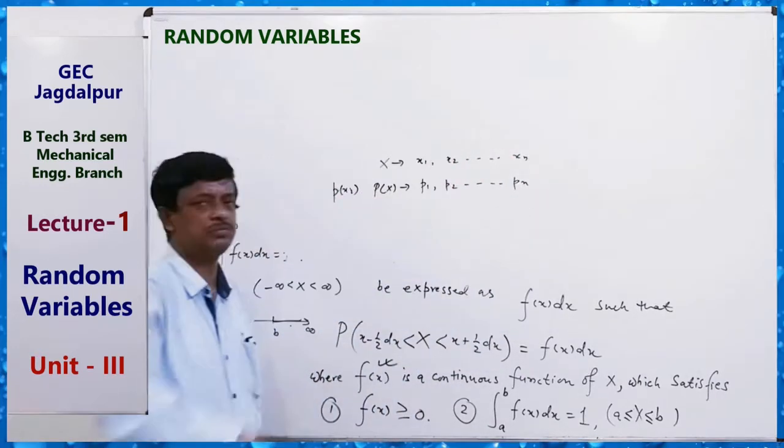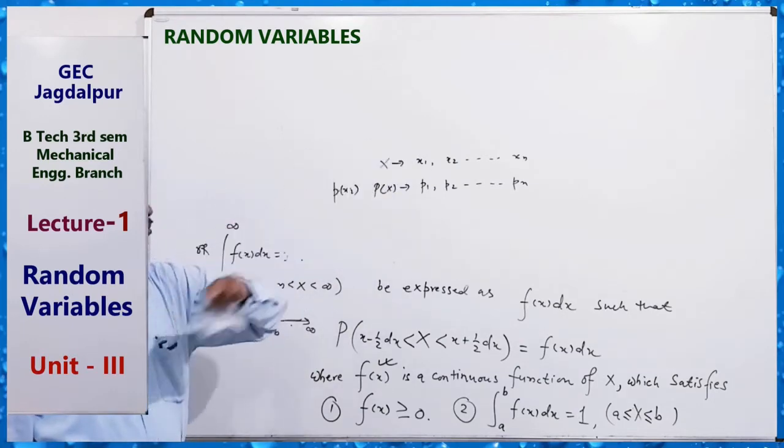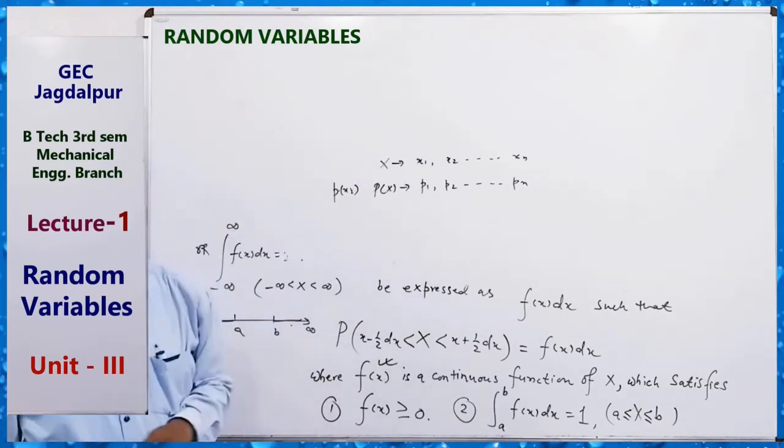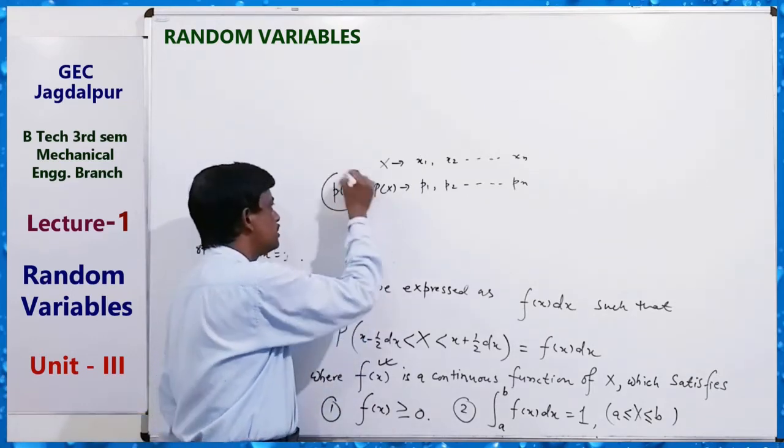These are the probabilities of a discrete random variable, the discrete probability distribution.